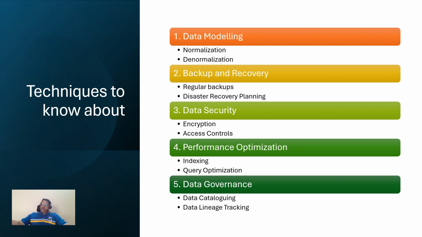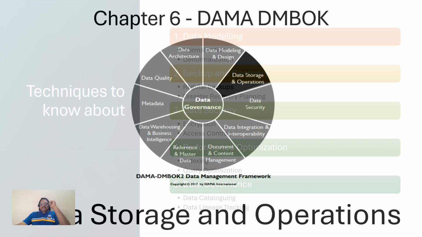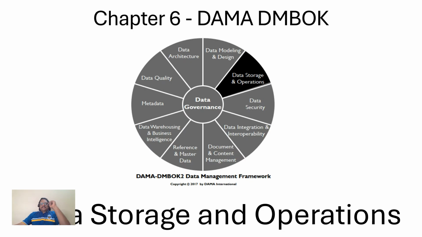And we have data security where we use encryption, access controls, and we have performance optimization using indexing, query optimization, and we have data governance, cataloging, and lineage tracking. And these are some of the database techniques we should know about for managing database. And that's all about chapter 6 of DAMA DMBOK, storage and operations.